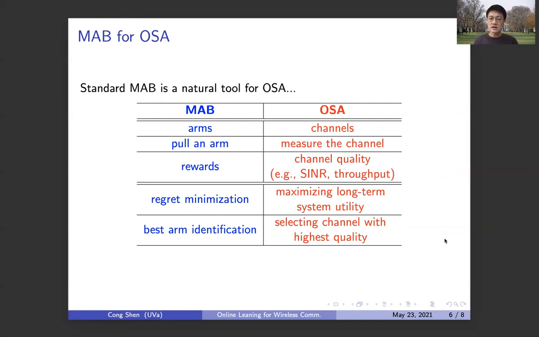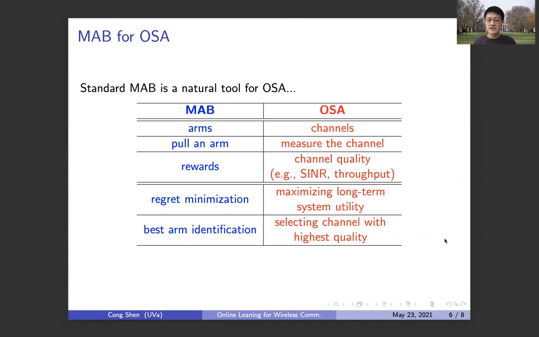In bandits, we generally care about one of two things. One is regret minimization, and the second is to find the best arm. Regret minimization in the OSA case corresponds to maximizing the long-term system utility. You keep using the channel and learning the channel along the way, and the hope is that over a certain period of time, you accumulate a very large long-term system utility.